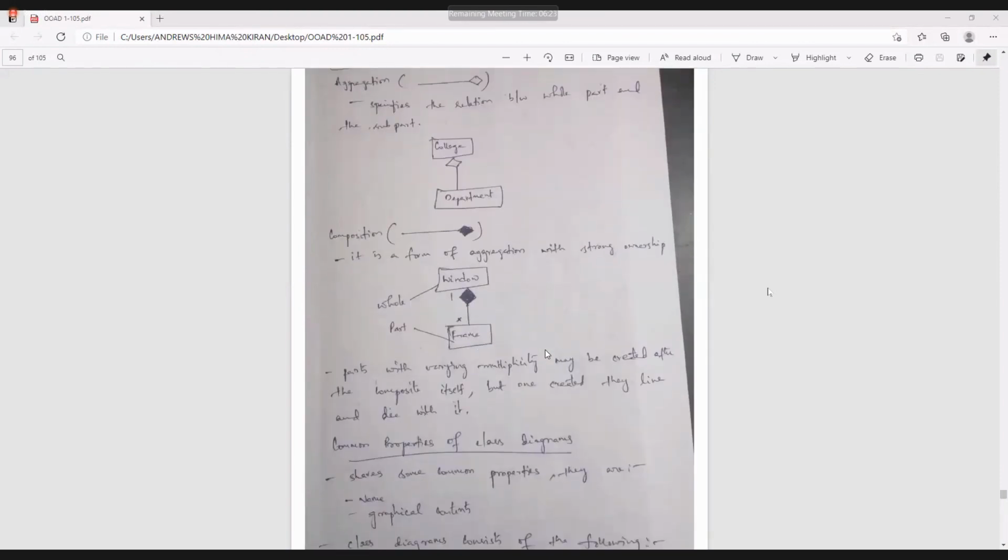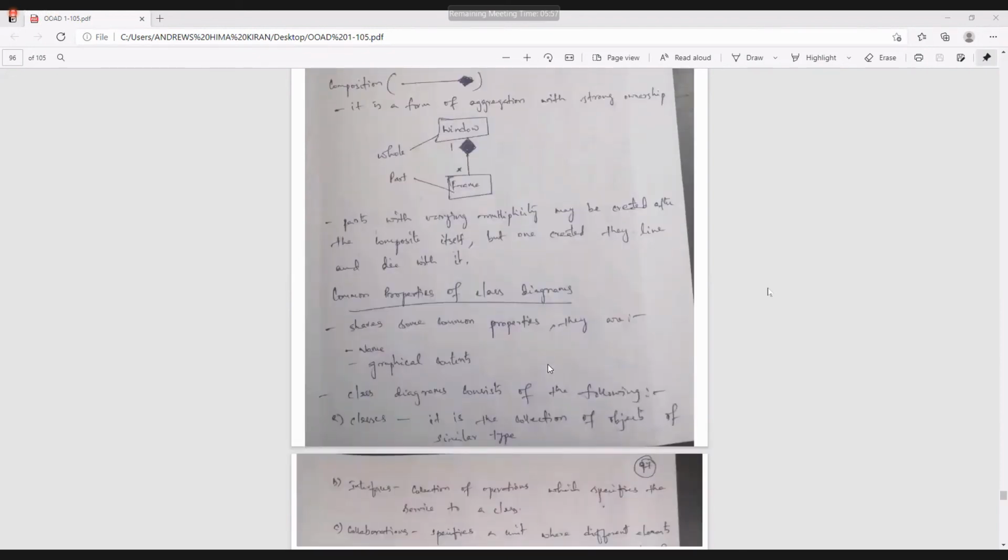The second example is composition. Composition emphasizes strong ownership. If a window has to be there, first of all, a frame should exist. A frame should be made in order to represent the size of the window or the shape of the window, like that.